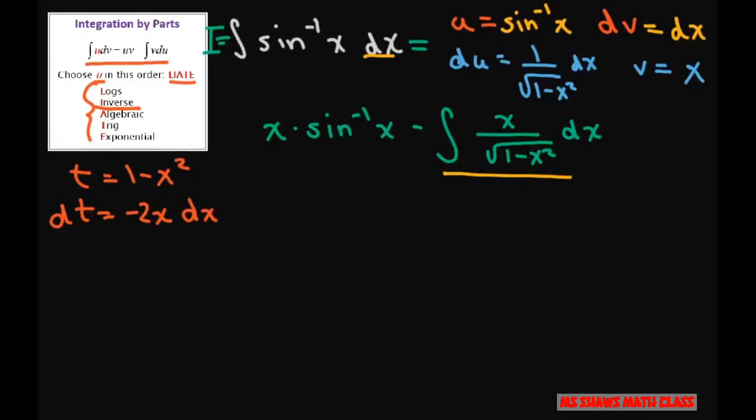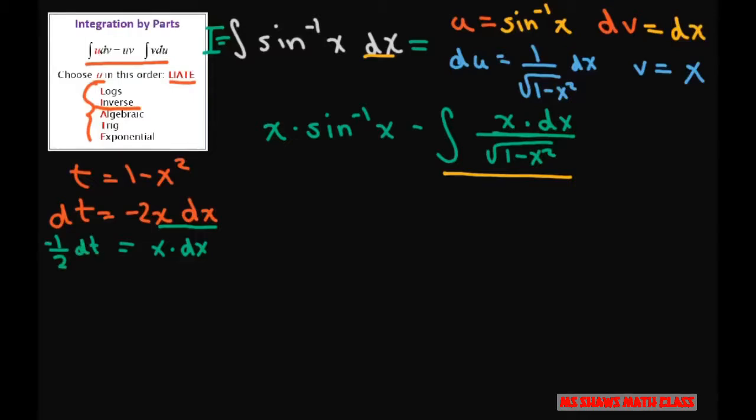Let's move this dx up top here, because it really goes in the numerator. So we need to solve for x dx. So x dx equals negative 1/2 dt.